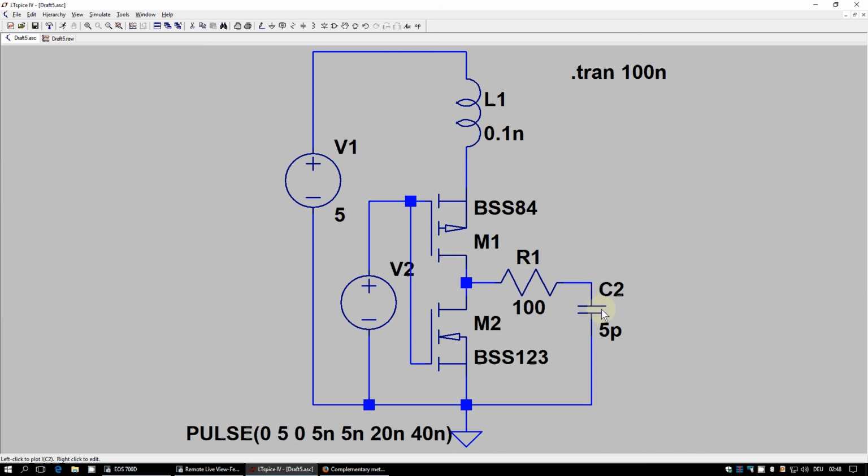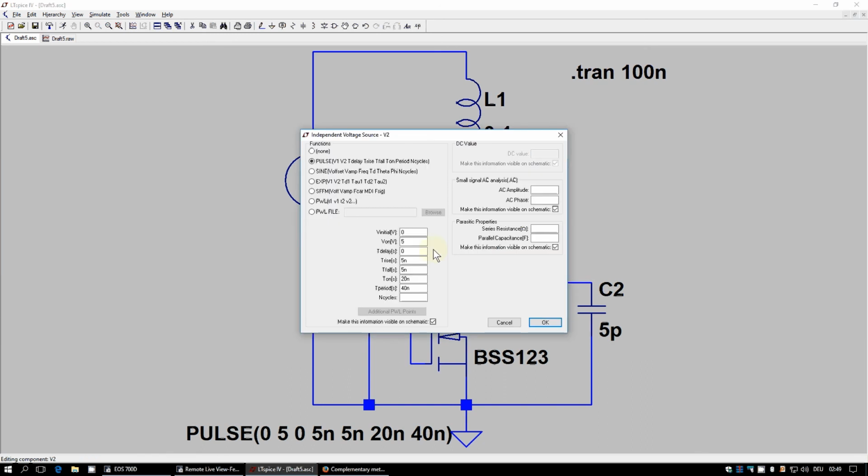And we have the input capacitance of our next gate, and we put a square wave on the gates of our P and N channel CMOS pair. And again, this time I did not make the error of leaving the rise and fall time at the default 0, but we take 5 nanoseconds rise and fall time, which is quite typical for HCMOS ICs.